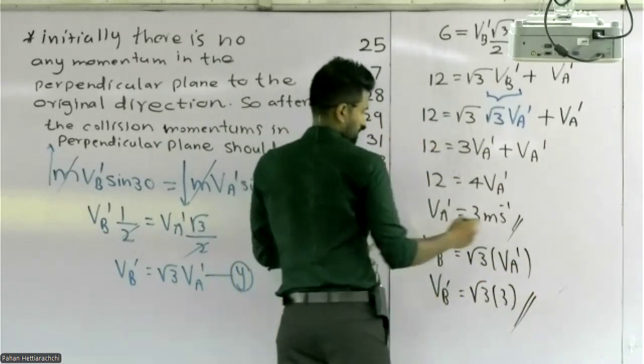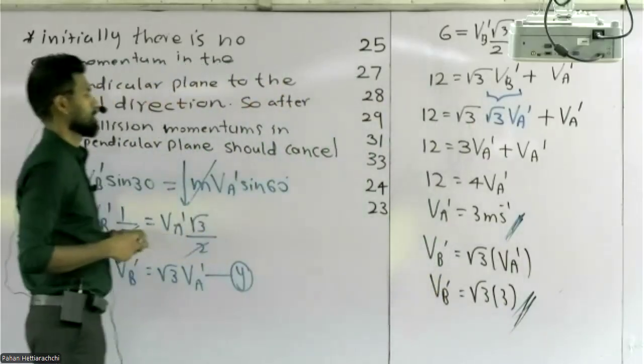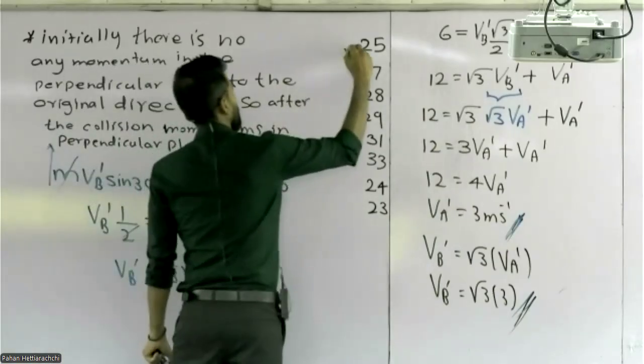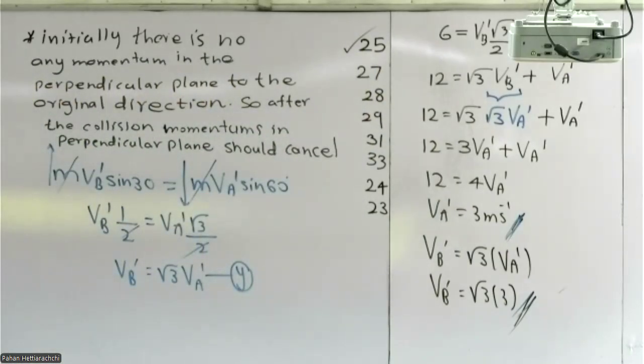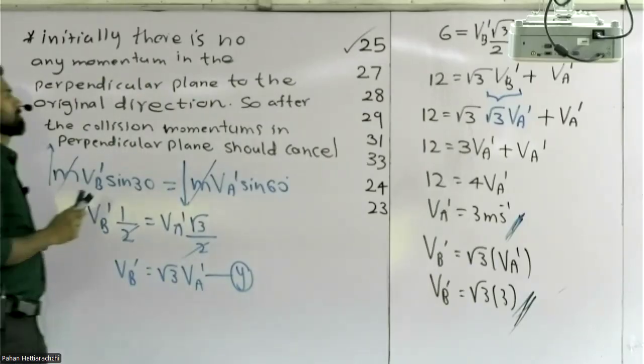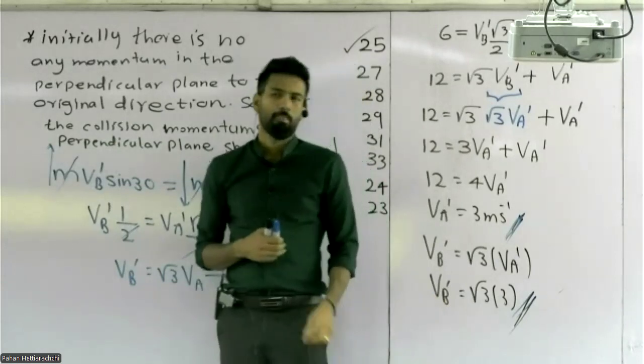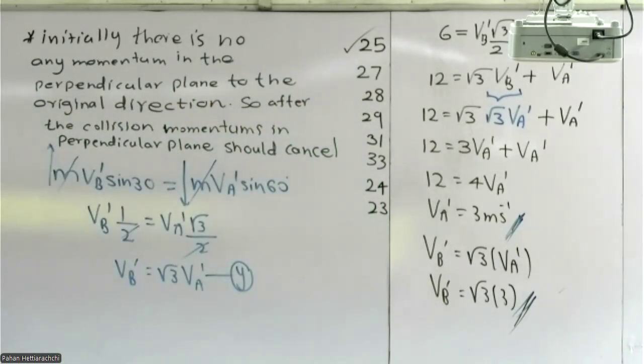So these are the velocities. Okay. Move to question number 27 then.